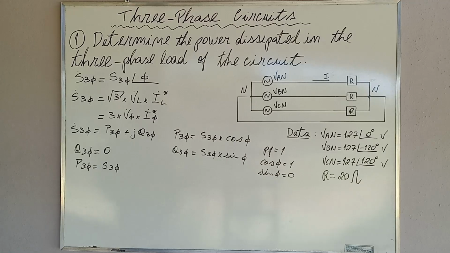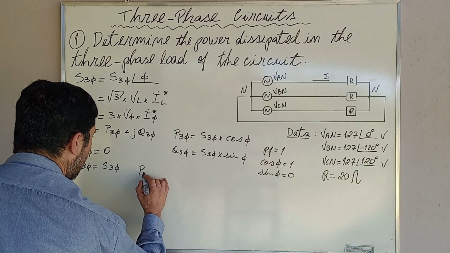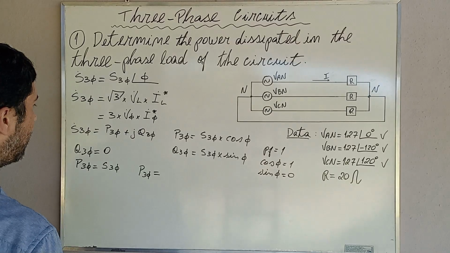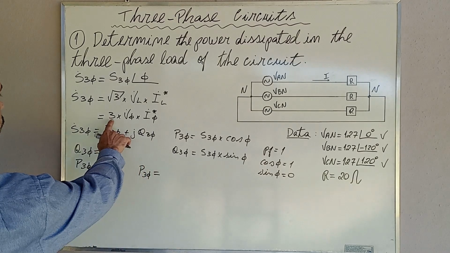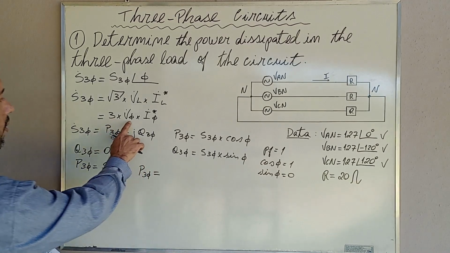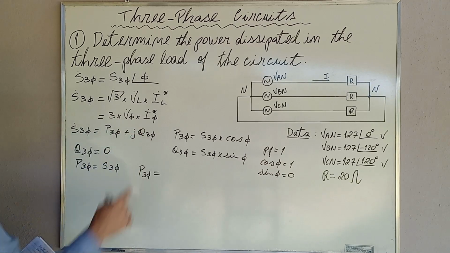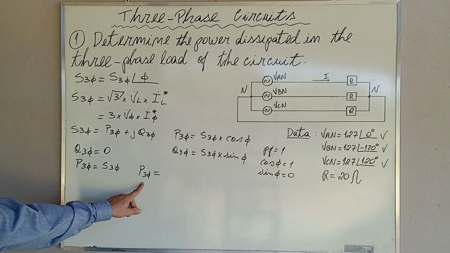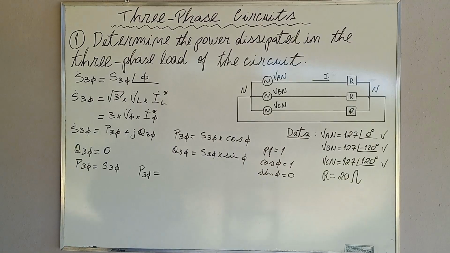We can calculate the real power, or active power, by multiplying 3 times the phase voltage times the phase current, but working with the magnitudes, because the real power is a real number, not a complex number.